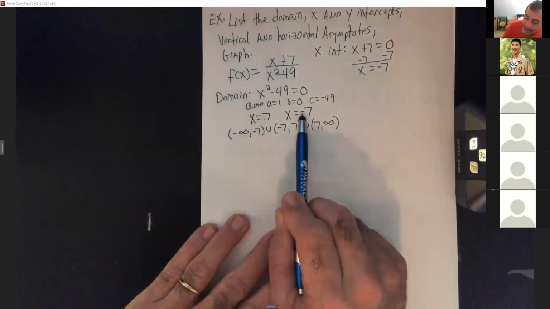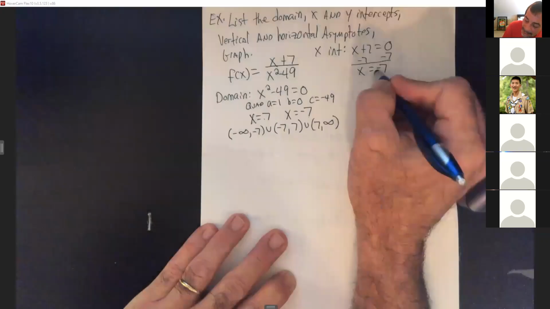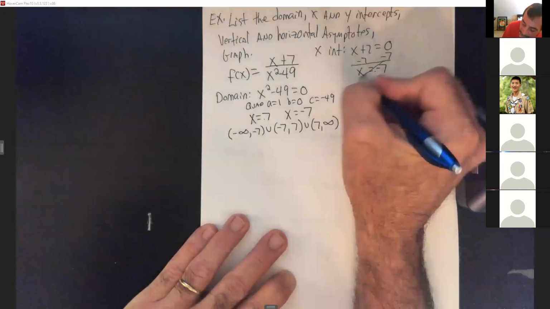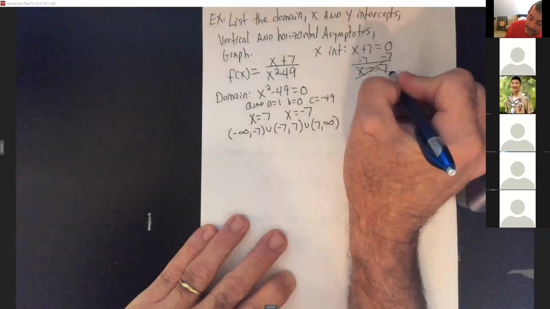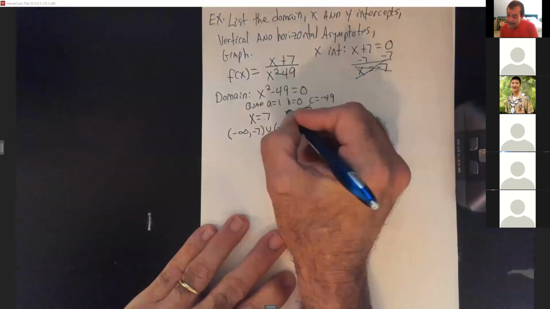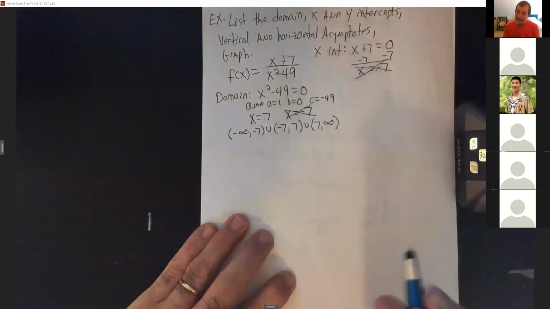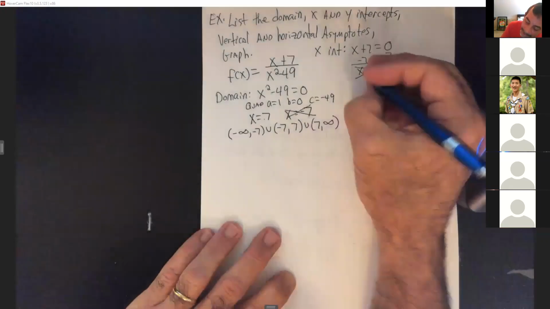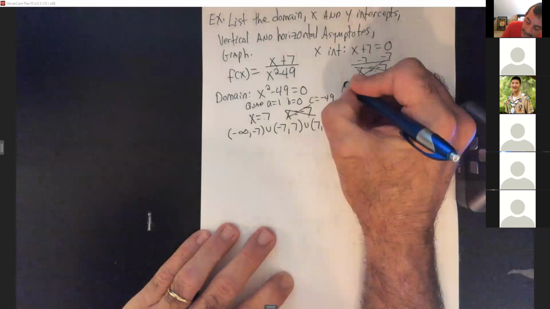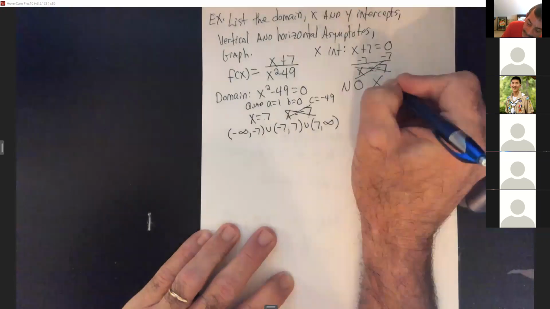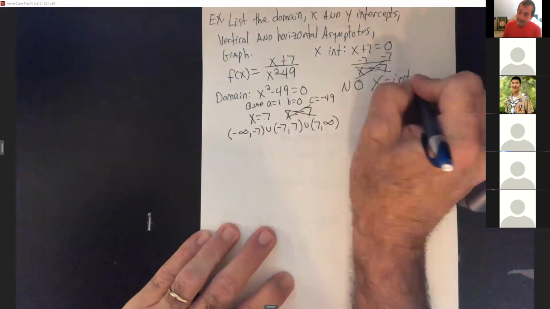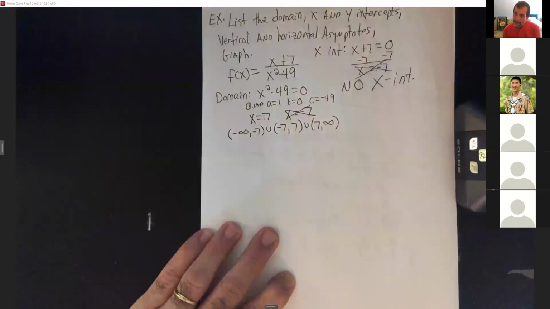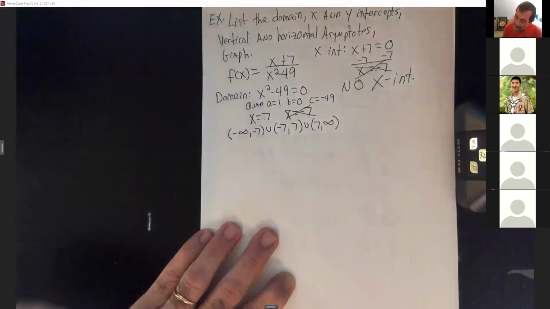Since that top matches that bottom, that x-intercept cancels with that vertical asymptote. Since we canceled that x-intercept, there is no x-intercept, so it will not cross over the x-axis anywhere.